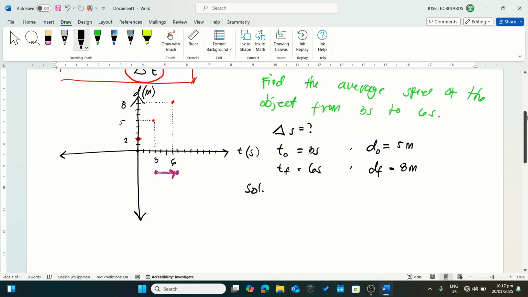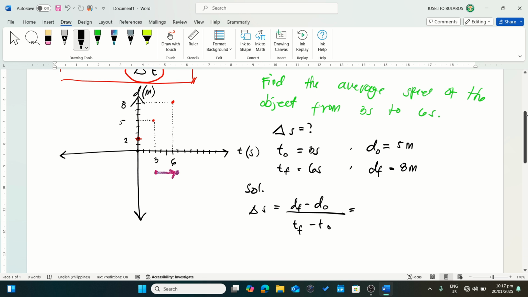Therefore, the average speed must be position final minus position initial, and for the denominator it's the time final minus time initial. And let us substitute the given data.